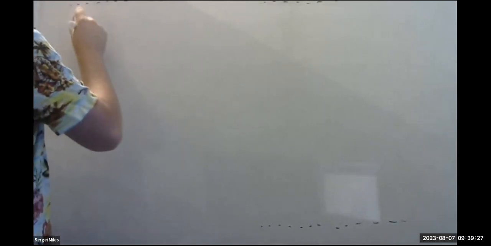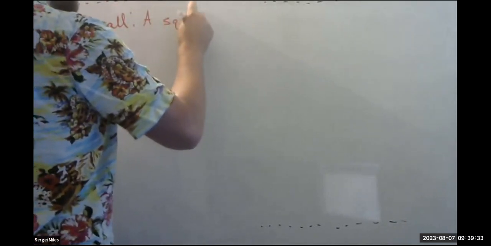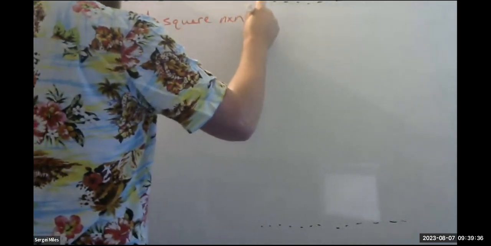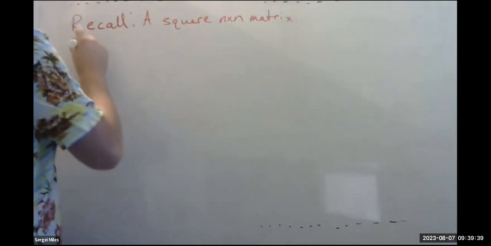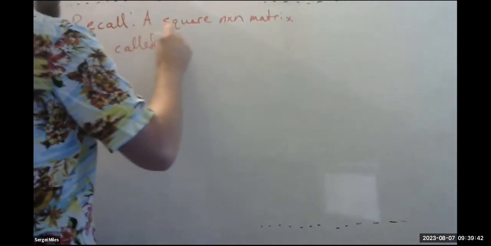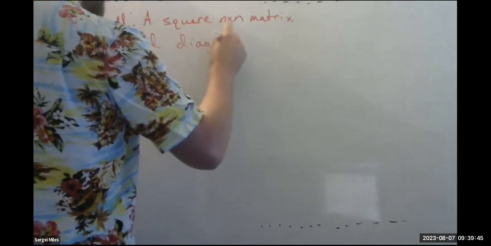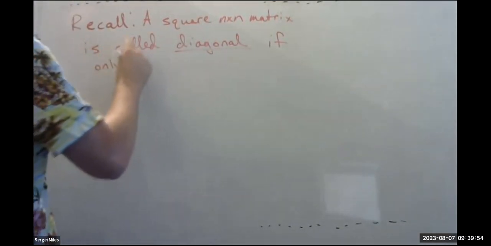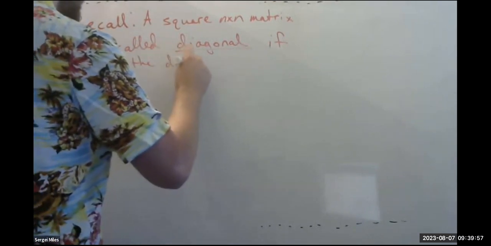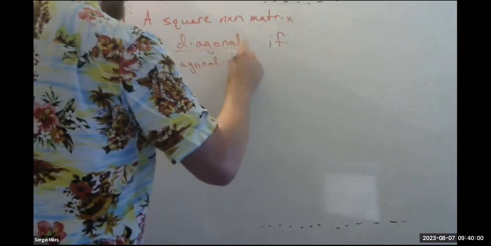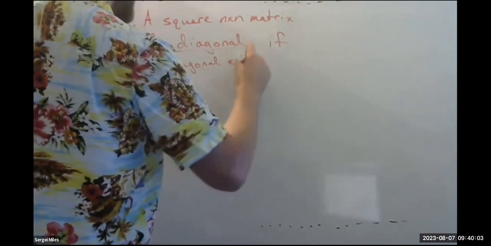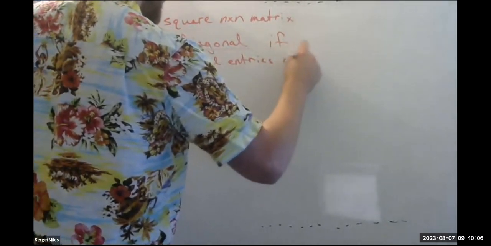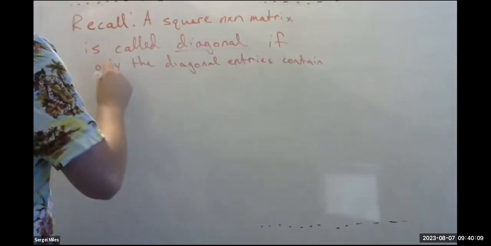Recall, a square n by n matrix is called diagonal if only the diagonal entries contain non-zeros.